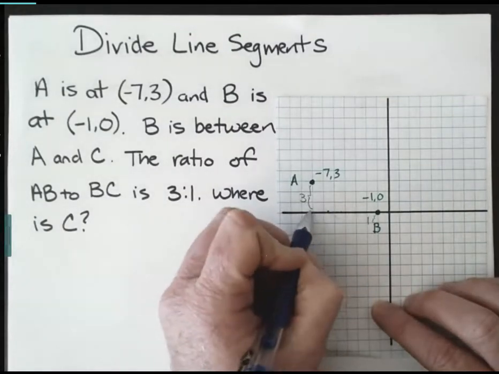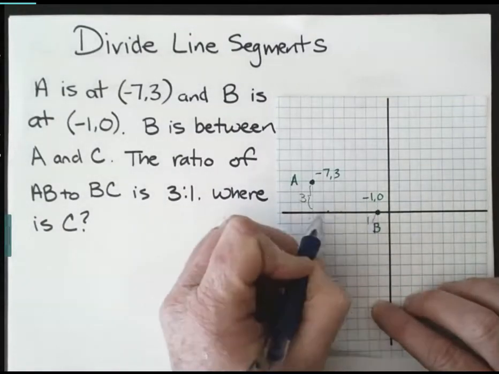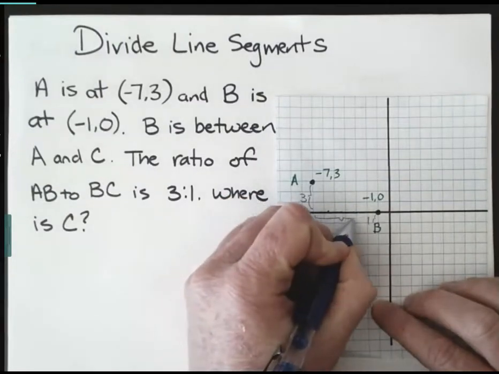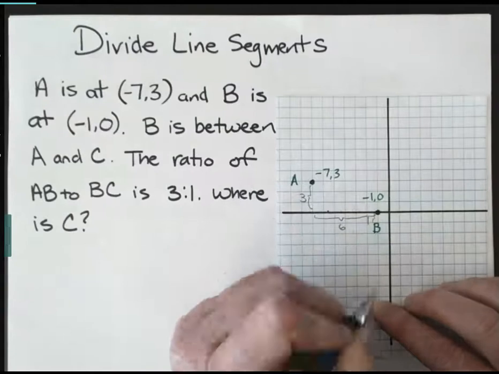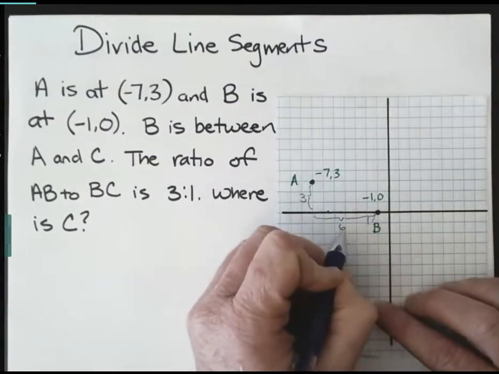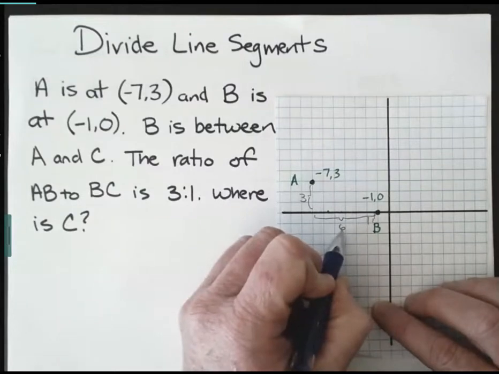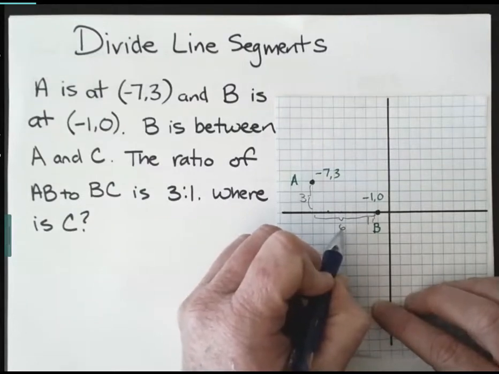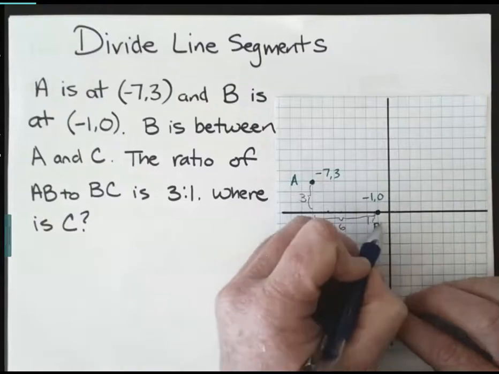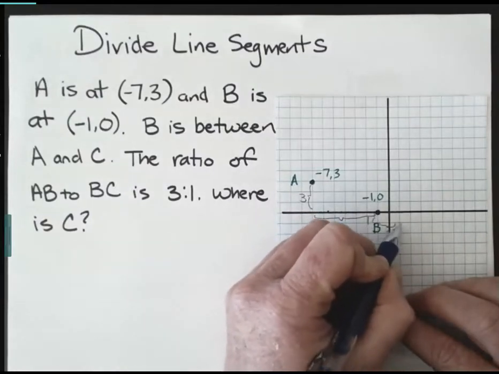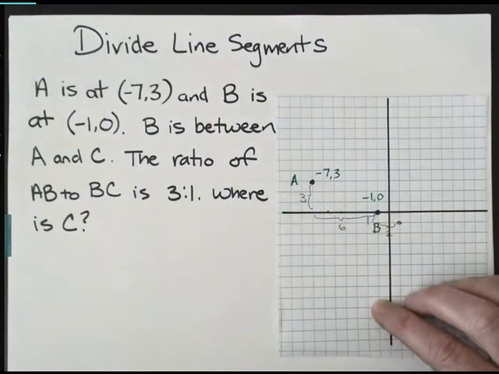And then I went horizontally 1, 2, 3, 4, 5, 6 units. So if I went over 6, and if this ratio is 3 to 1, I need to divide this by 3, right? It's only a third of that horizontal displacement. So I went down 1 and I'm going to go over 2. So that is where C is.